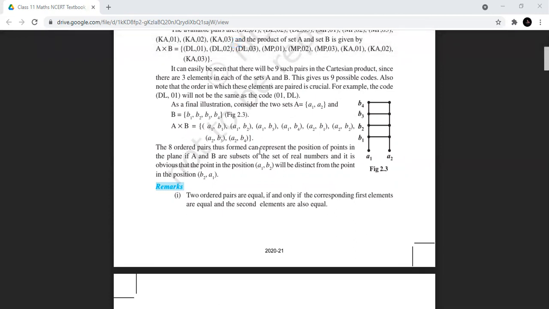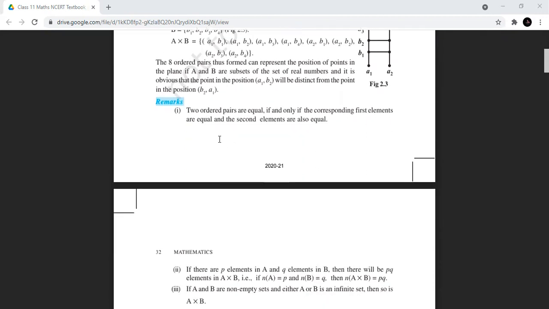That is how you get all entries of A cross B. So obviously, if you've understood what we are doing, then you also know the number of elements you will obtain in A cross B will be the number of elements of set A into the number of elements of set B. That is, the cardinal number of A cross B will be the cardinal number of A into the cardinal number of B. Like in this example, set A had 2 entries, set B had 4 entries. So 2 fours are 8. You can check, you will get 8 entries in A cross B, right?